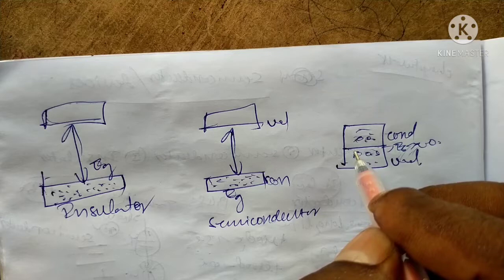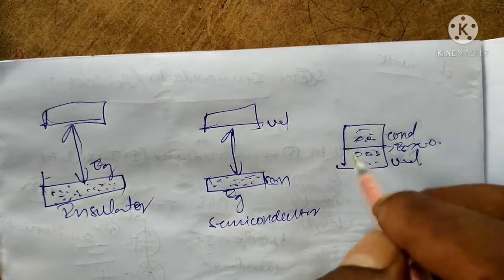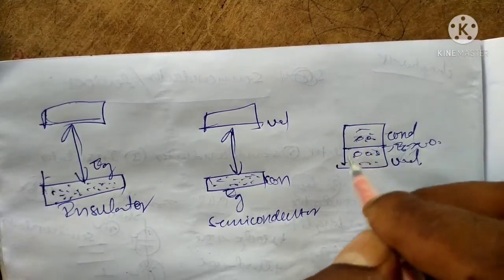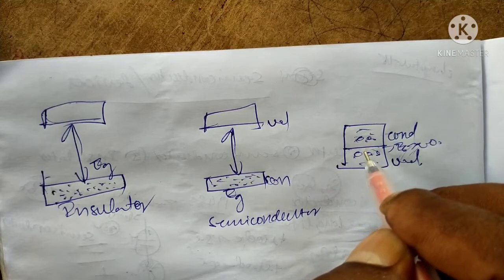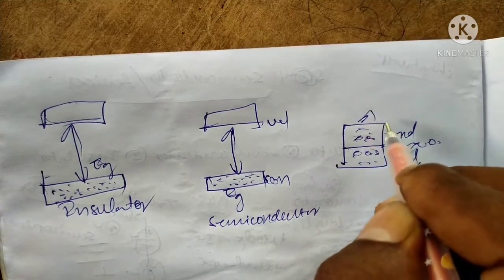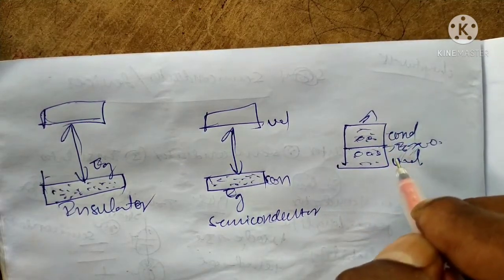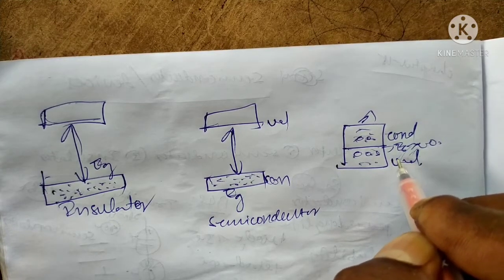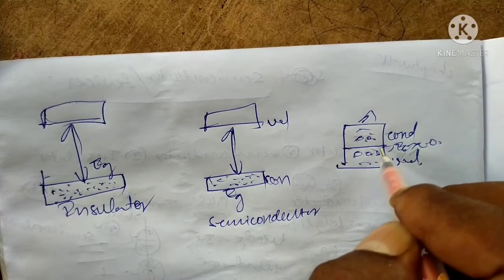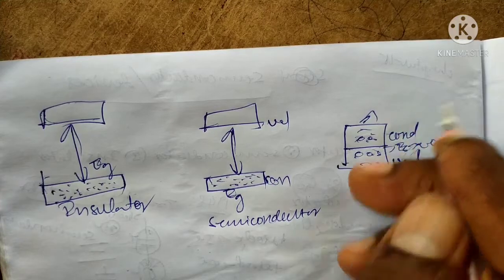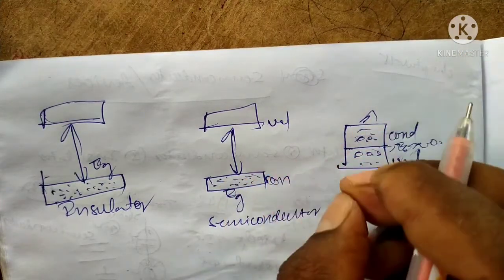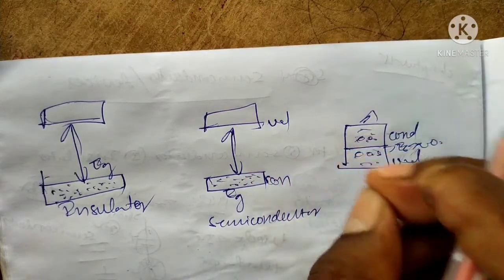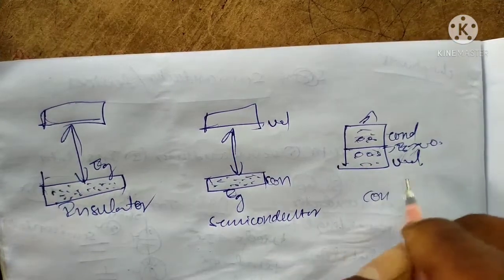There is no band gap, so electrons and holes are combined, and they exhibit high conductivity, for example copper and iron. The energy gap is 0, which means the conduction band and valence band overlap in the case of a conductor.